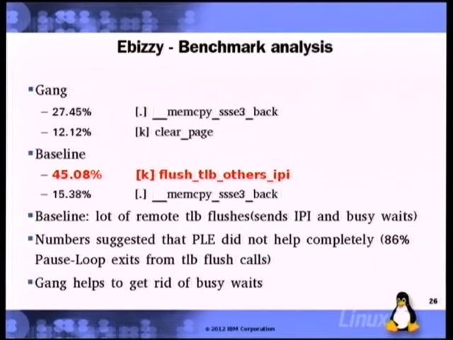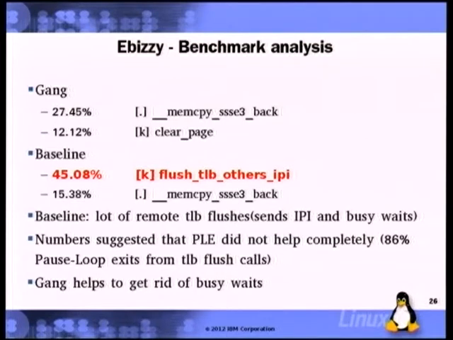Because the vCPUs are run separately, a lot of remote TLB flushes are happening. While doing remote TLB flushes, the vCPU would be sending IPIs to all the other CPUs and busy waiting on all of them to come back.